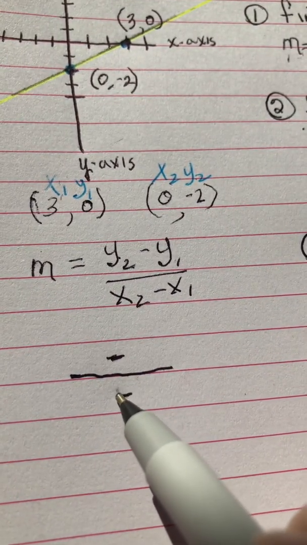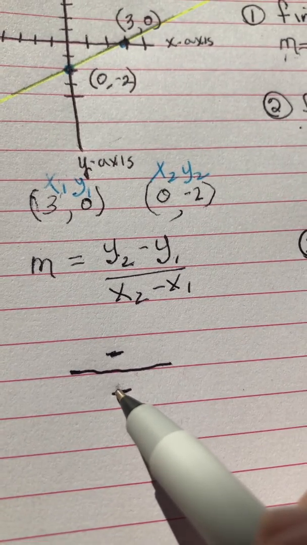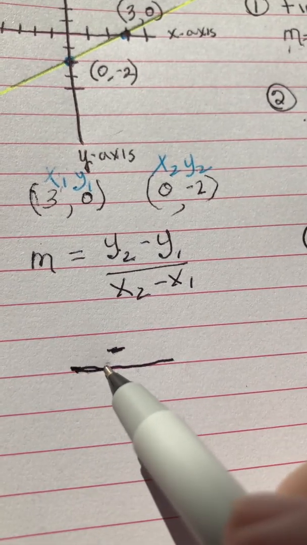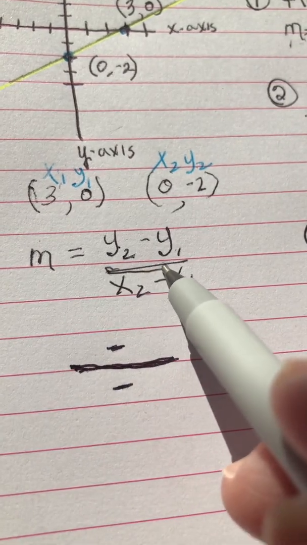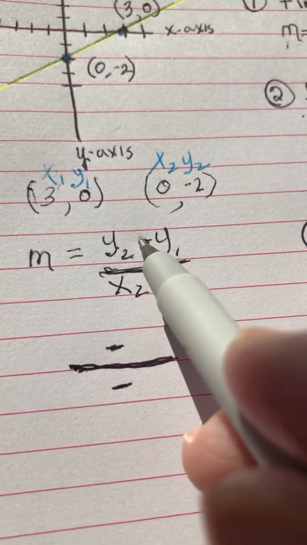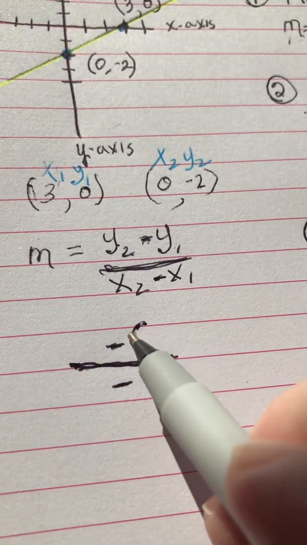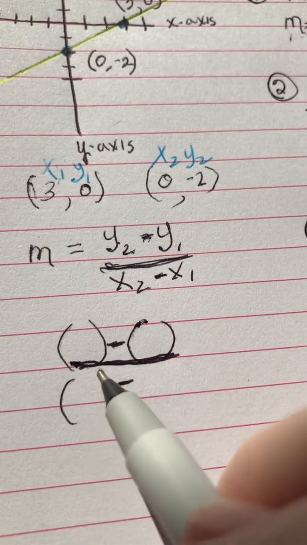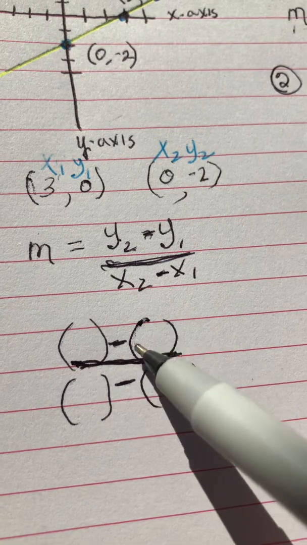So in order to keep from messing it up, I set up the equation already with this fraction line and the 2 subtraction signs. And then I put parentheses in here because sometimes we get kind of mixed up. So I just think this helps avoid some errors if you set it up like this.